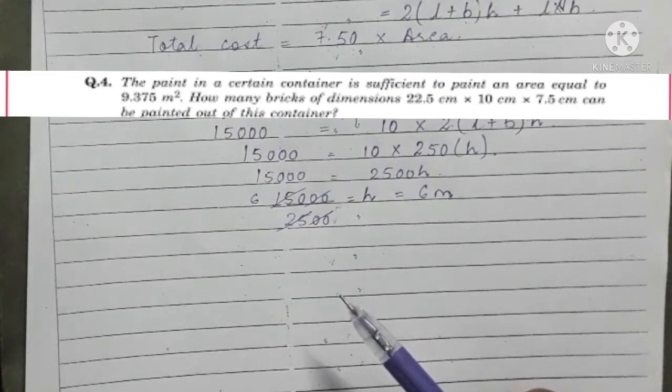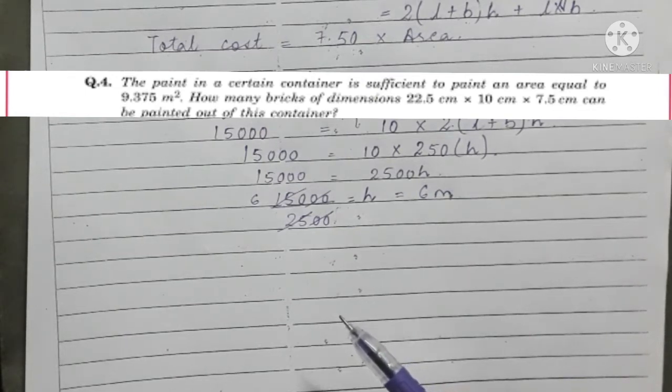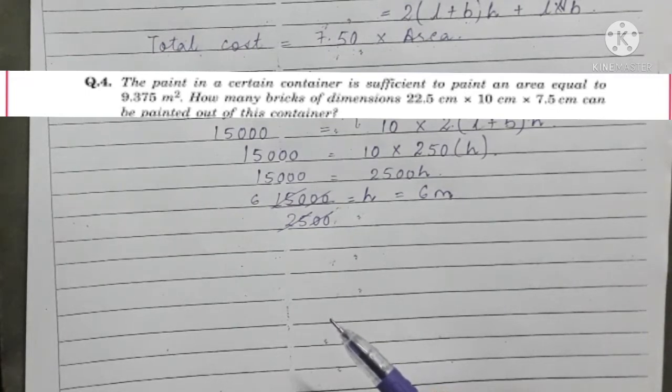In this question, the total area that can be painted is given, that is equal to 9.375 meters square. And you have to find that how many bricks of the given dimension can be painted out of this available paint. So whenever you have to find the number of anything, in this question we have to find the number of bricks that can be painted.